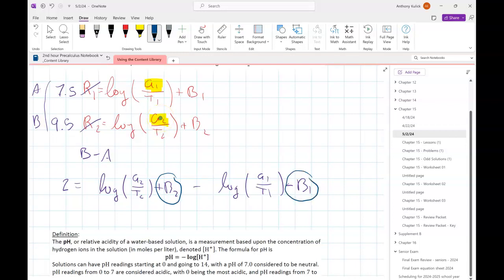Mr. Kulik's going to argue that B1 and B2 are equal. Why would I argue that? Here's my argument, right? B is a correction factor, correct?